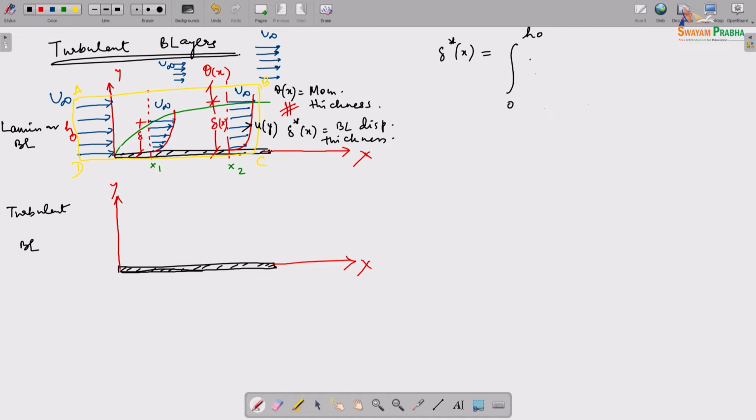Essentially 1 minus rho u by rho infinity u infinity dy, and theta, which is the momentum thickness, is again an integral from 0 to h of u by u infinity times 1 minus u by u infinity.